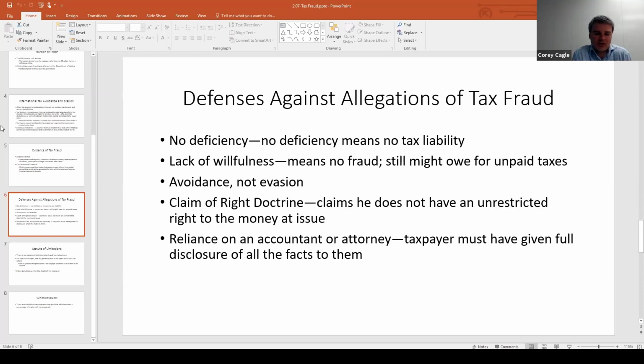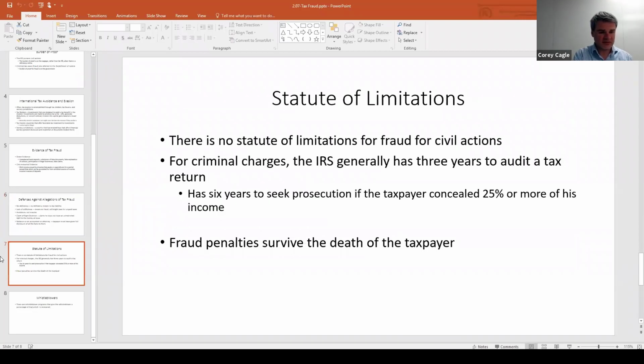Claim of right, claim that we don't have the right to use this money. This is not my money. That would be a defense. Not my money, not my tax. Or a defense would be reliance on an accountant or attorney. Not saying it'll work, but it's a defense. Statute of limitation, there's no statute of limitation for fraud.